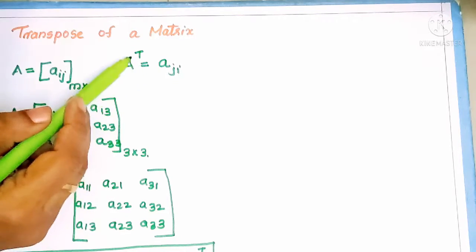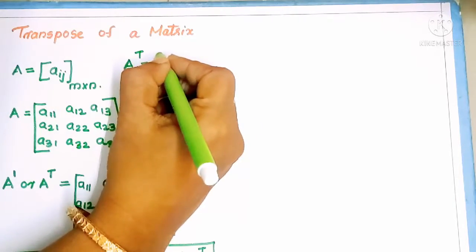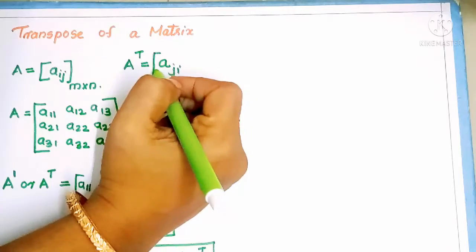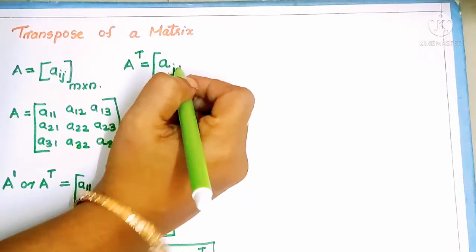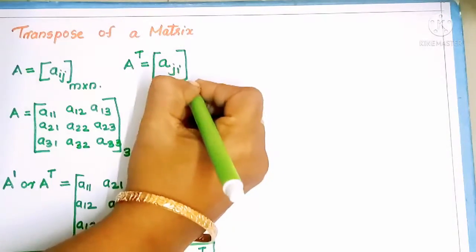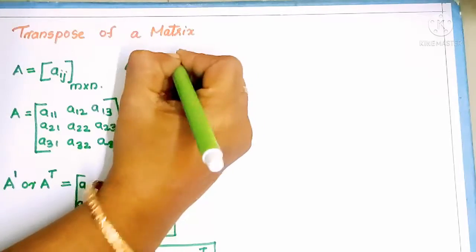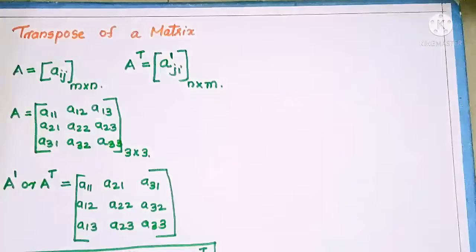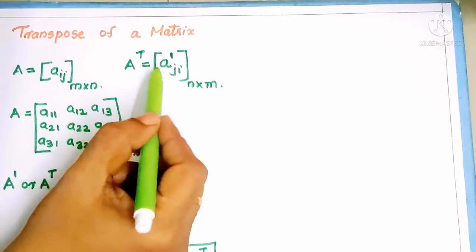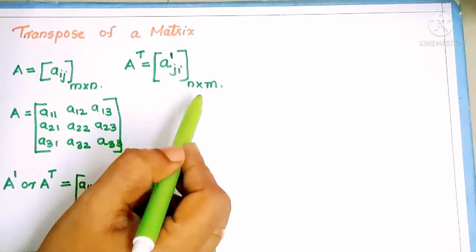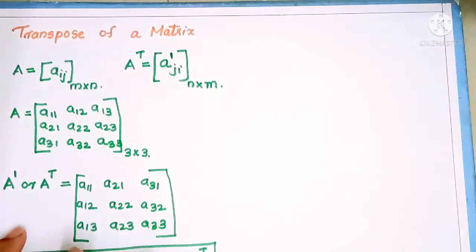So A transpose equals [aji], and its order becomes n cross m. So this is the concept of the transpose of a matrix.